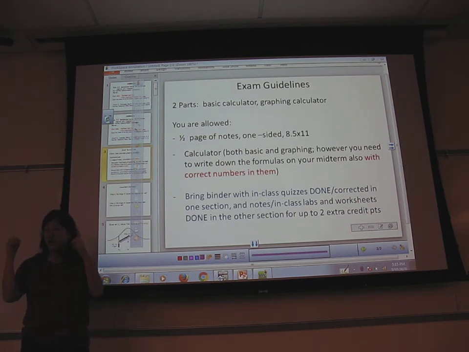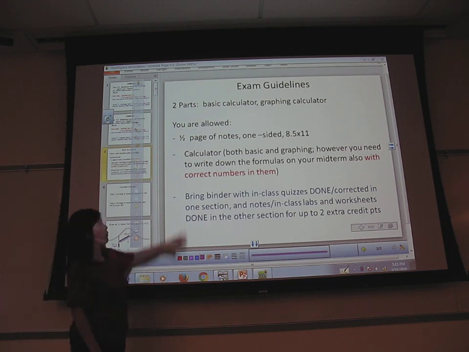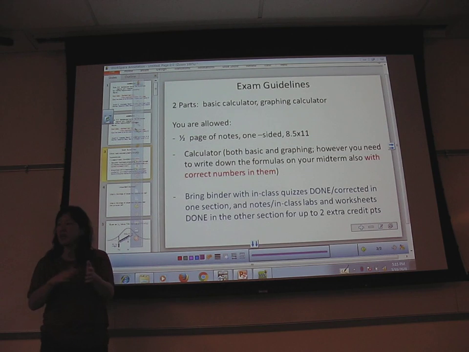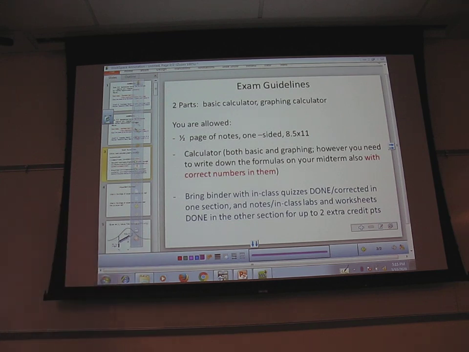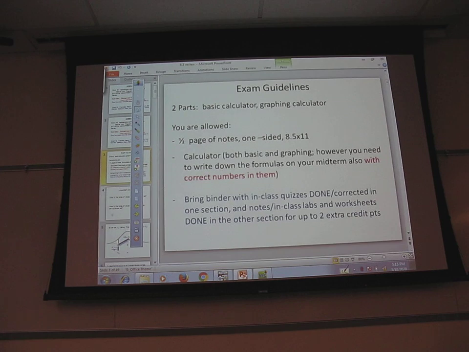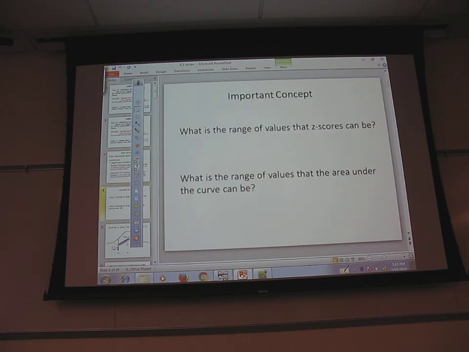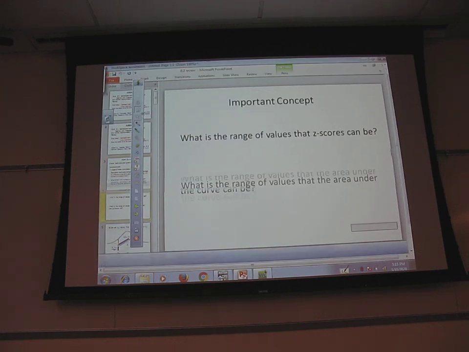So I really need you guys to have those organized. One section for quizzes, one section for everything else, for the in-class notes and labs that we do. And obviously bring your other extra stuff as well, if you have done any smart shops or things like that.